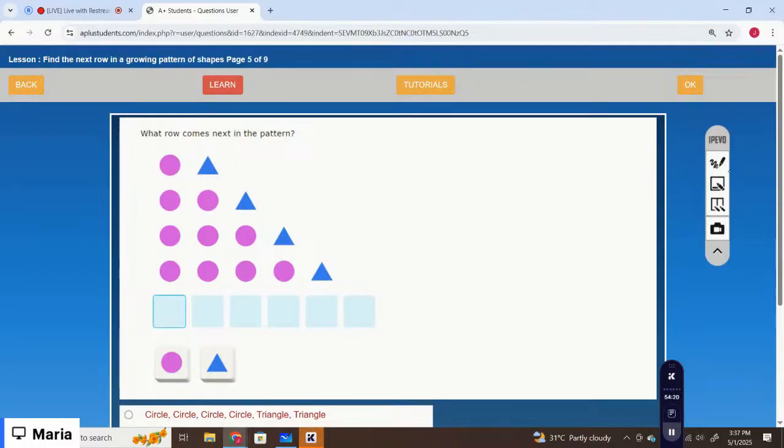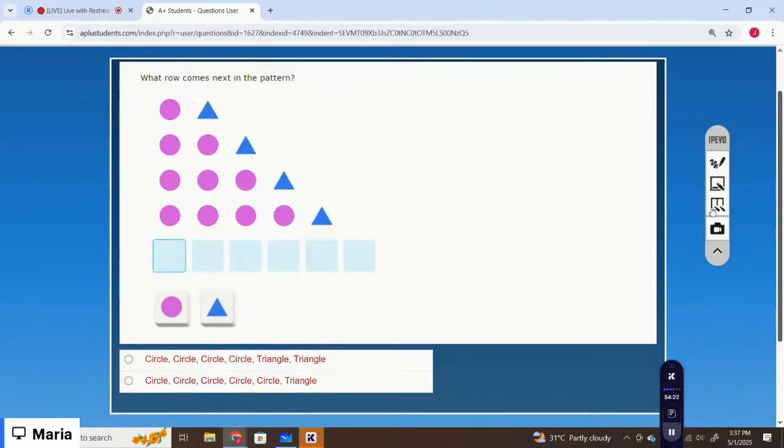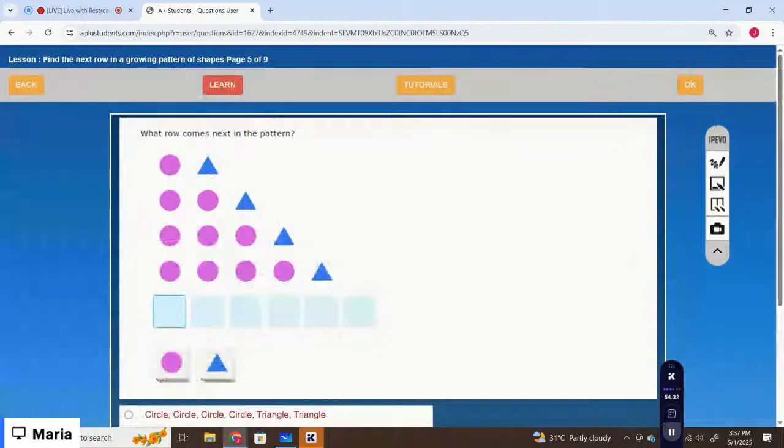What row comes next in the pattern? The next one in the pattern is five circles and one triangle. Option number two is the correct option.